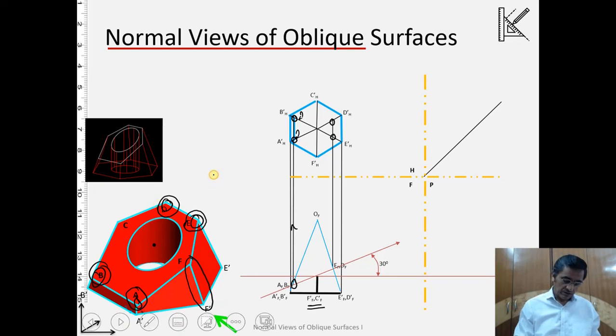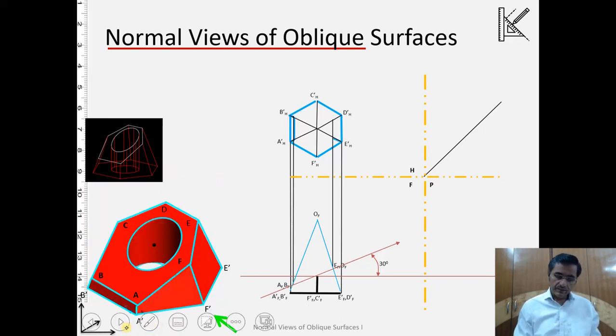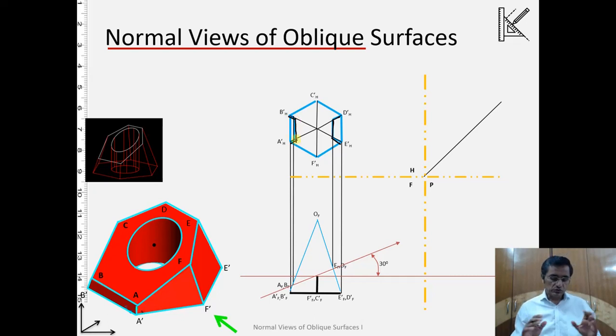So I can join this, and you will notice that we are now also simultaneously creating the views. So I'm drawing these lines also. So far I'm able to draw the lines DE and AB.